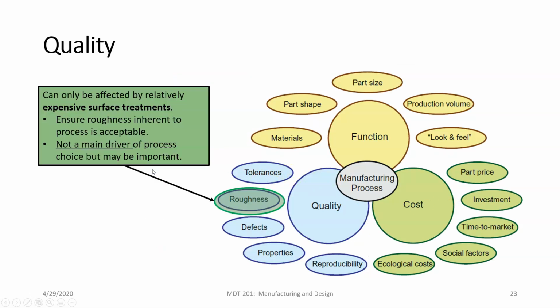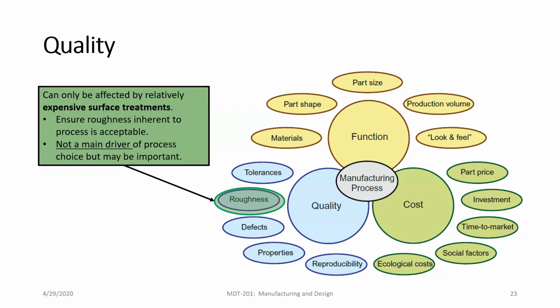Staying within the quality attribute realm, roughness can result in expensive surface treatments if we need to maintain a higher quality surface finish. In the previous slide, we looked at the different finishing operations: lapping, honing, grinding.